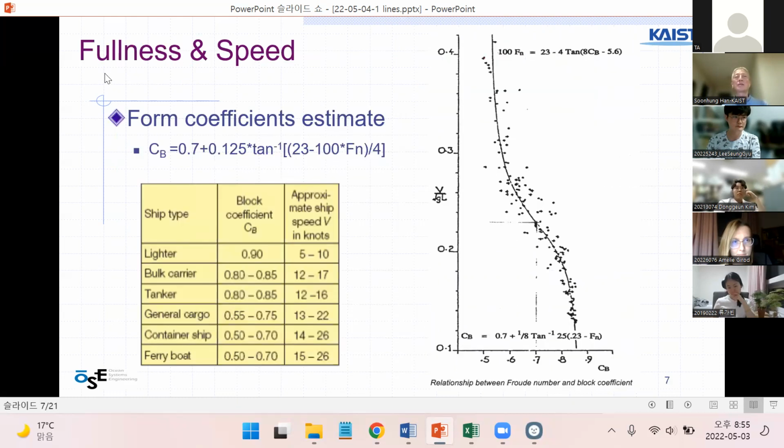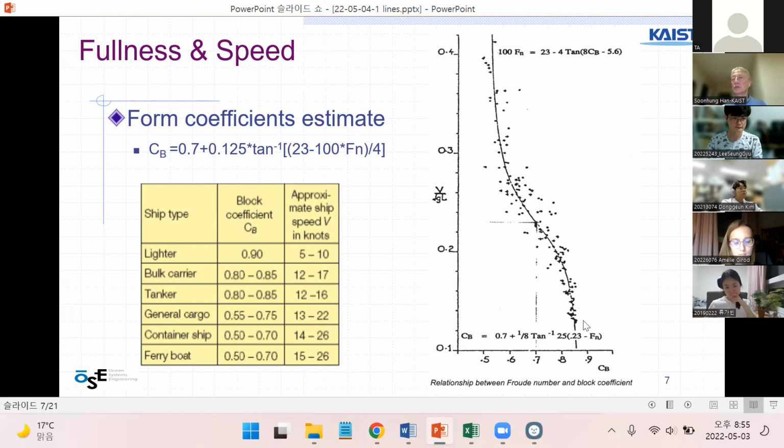Right. Here you can see the fullness and speed relationship. So form coefficient estimation, and CB is the block coefficient, can be estimated by using this kind of equation. And this equation shows you something like this curve.